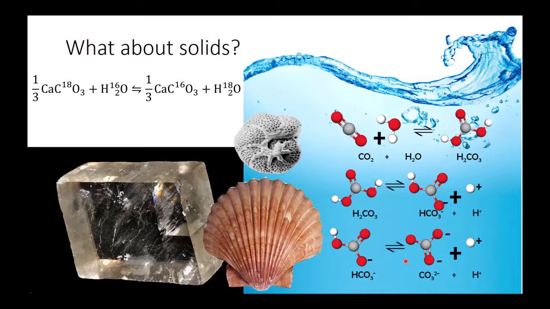And the thing is, once an oxygen atom is in the middle of that crystal lattice, it's very hard for it to get out. Okay? It's really stuck inside the crystal lattice. Very, very hard for it, especially at low temperatures. So how is it at all possible that we could ever get isotopic equilibrium between a solid and another solid? Two minerals, maybe? Or even just a solid and a liquid?